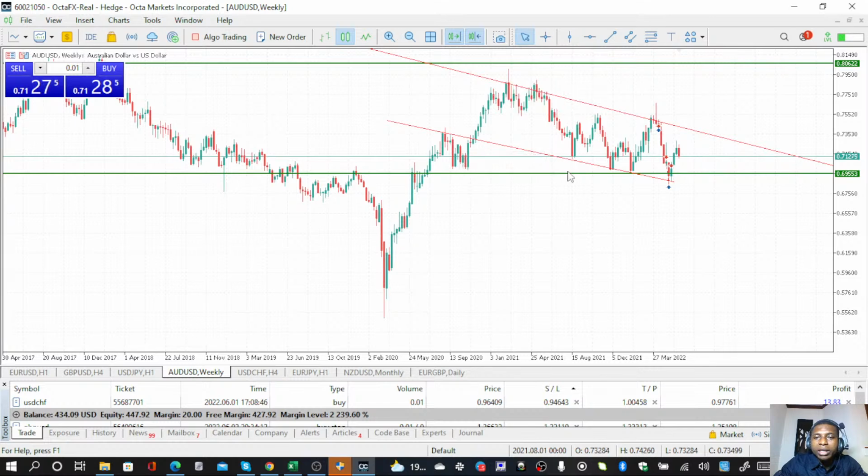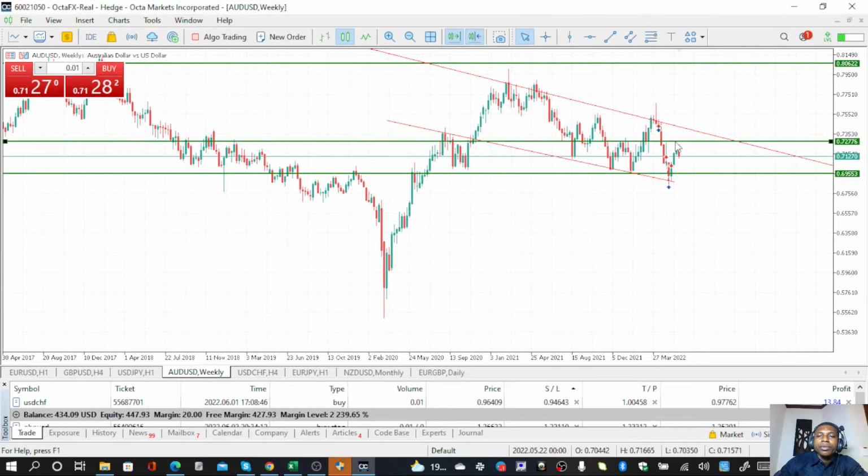Price went up, came down, went up again, came down, went up to this level, then was rejected, and came up a bit again. So what do you think is happening here? This region has become a minor support and resistance region. You can see price being rejected here, here, and here.